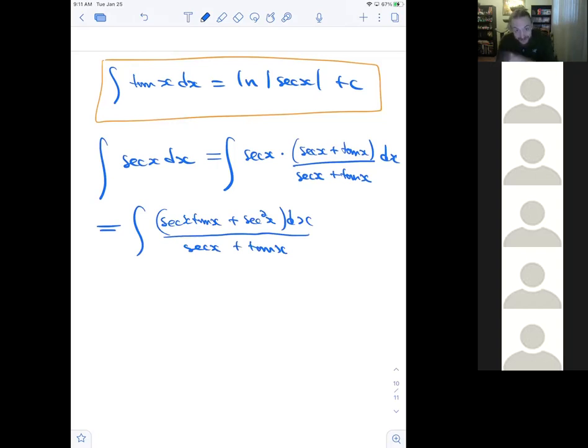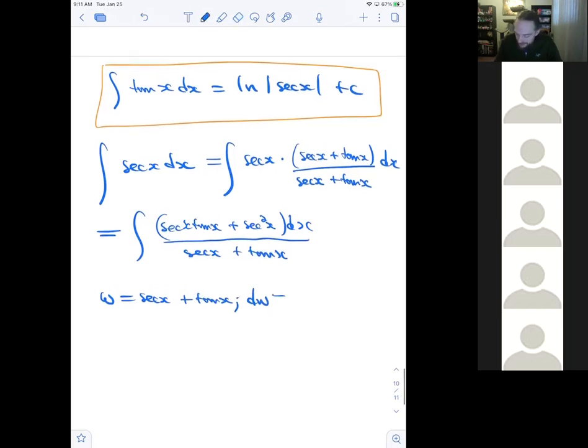What's the derivative of tan? Secant squared. So now I'm going to let W equal secant x plus tan x. That says dW is immediately equal to secant x tan x plus secant squared x dx, which is exactly what I have.